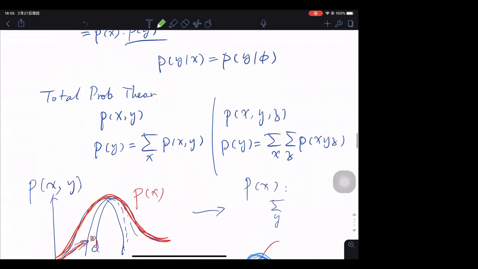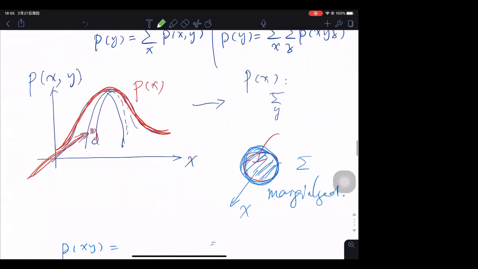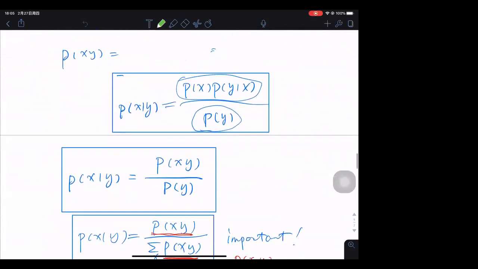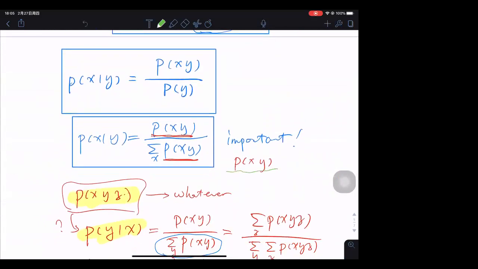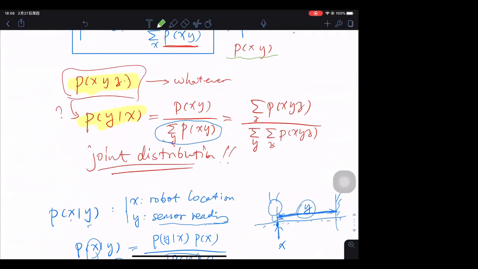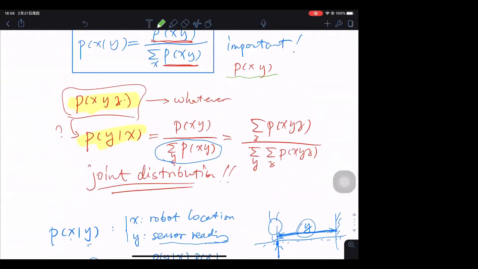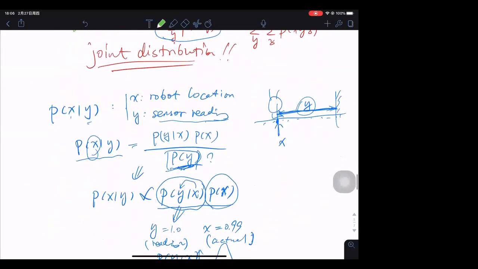Because of the theorem of total probability and the Bayes equation, if you know the joint distribution p(x,y), then you know whatever combinations you want. Based on the joint distribution, you can know whatever you want, for example this one. So the joint distribution is important.